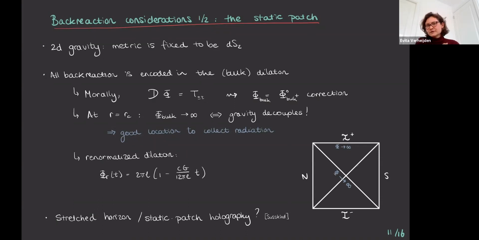So a divergent dilaton means a weakly gravitating region. So as at scri plus, we also find that the cosmological horizon is a good location to collect radiation. Starting from this bulk dilaton solution, we can again define a renormalized dilaton as we did for future infinity, but now at the cosmological horizon. The renormalization procedure is a little bit different, but also similar in nature. Then we find the following behavior, which is exactly the same as we found earlier for phi r of u, but now in terms of t.